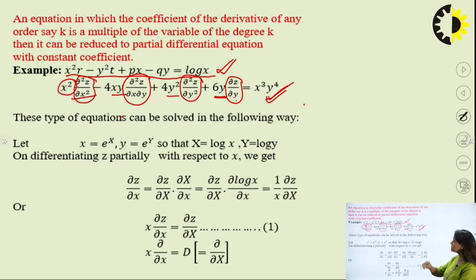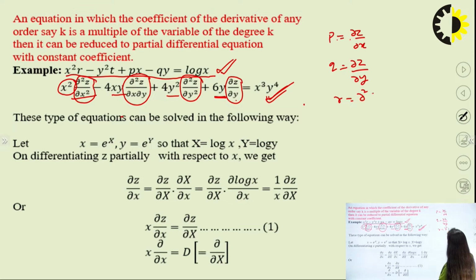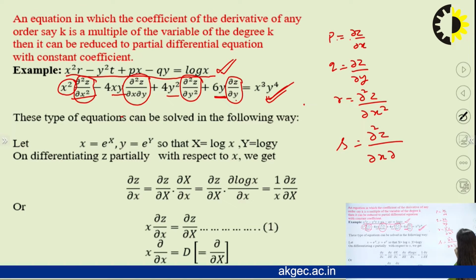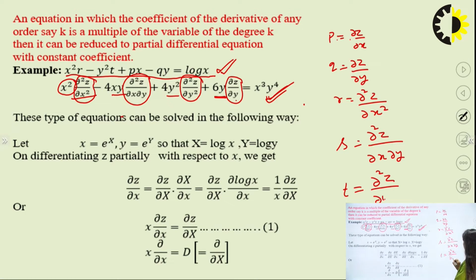You must know, because we are studying PDE, and when we start PDE, at the same time we always explain that P is equal to del z upon del x, Q is equal to del z upon del y, R is equal to del 2z upon del x2, S is equal to del 2z upon del x del y, and T is equal to del 2z upon del y2.